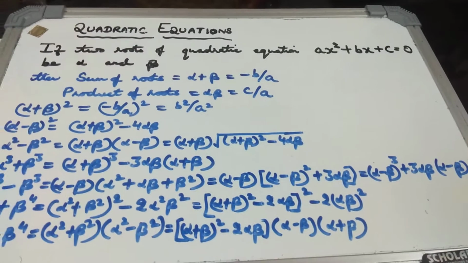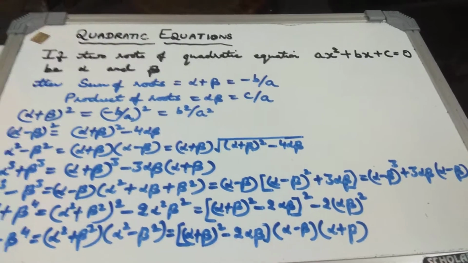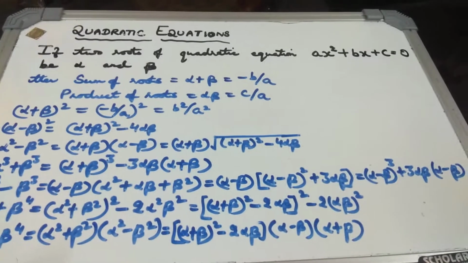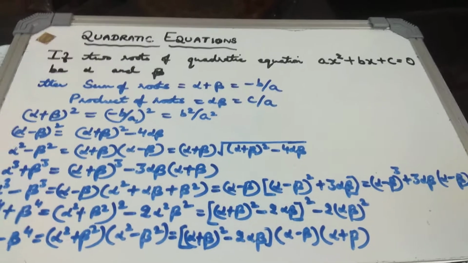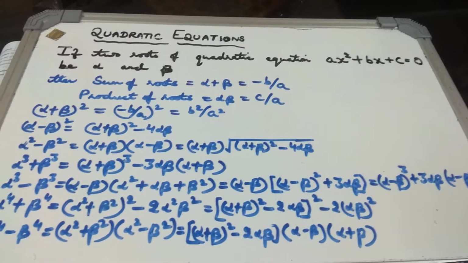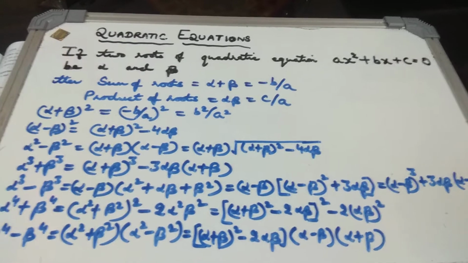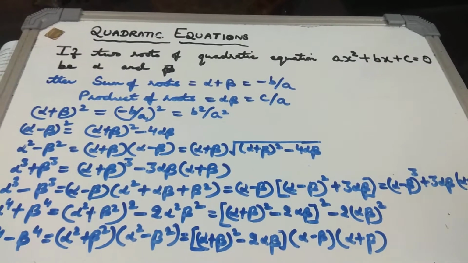Now that is the case when A, B, C are known to you. Then you are able to solve the equation either by factorization method or by formula and get the solutions, and you call those solutions as roots of the equation.